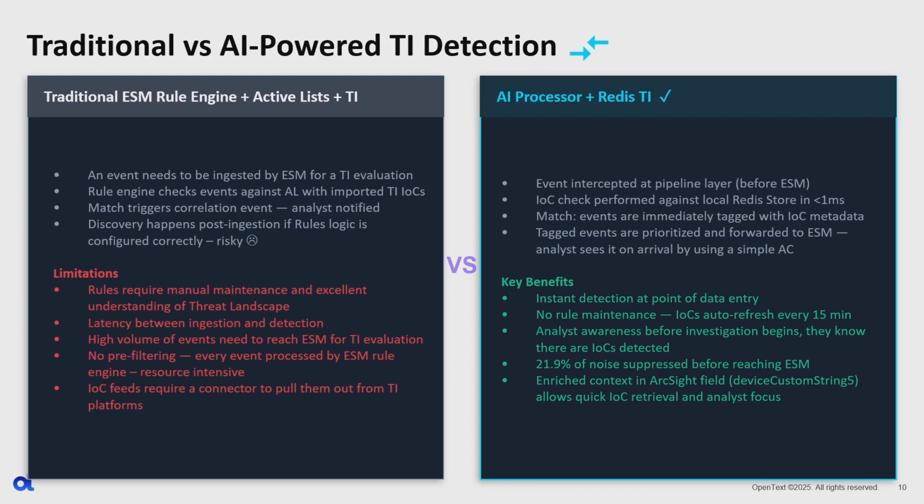Additionally, on top of that, a noise reduction of approximately 20% in our environment based on the trained data. And it's significantly reducing the analyst workload, fatigue, EPS consumption as well. The list is pretty long.